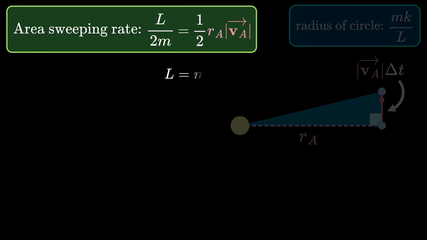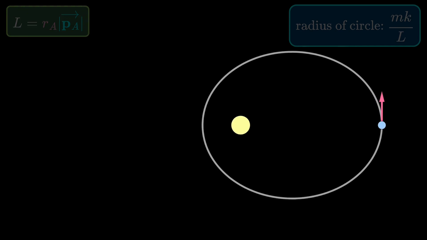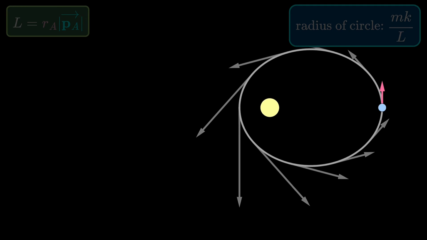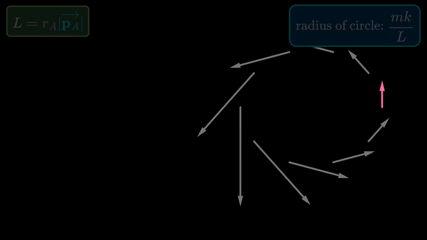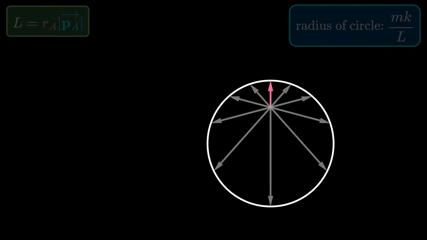After a couple of steps, we can reach the statement where L equals RA times PA, with PA being the momentum at the aphelion. This is the statement that will be useful in a minute. For now, let's go to the circular hodograph, noting that the magnitude of the momentum vector at the aphelion is the smallest out of all the others.